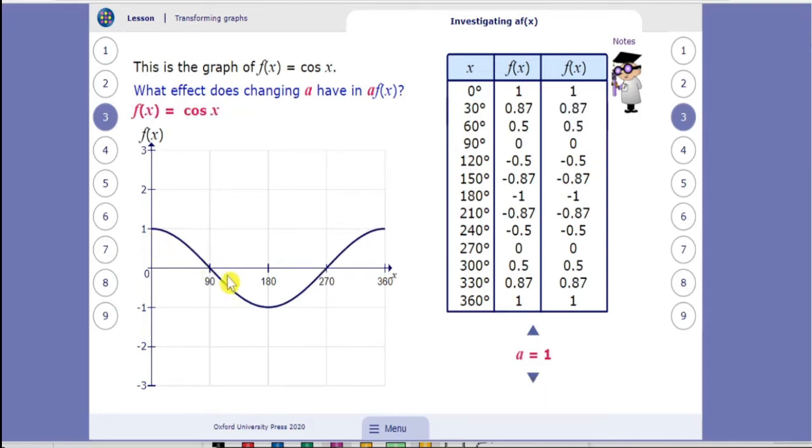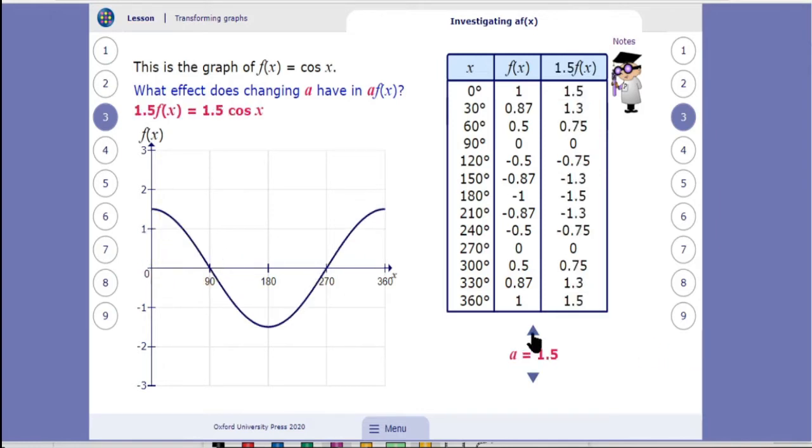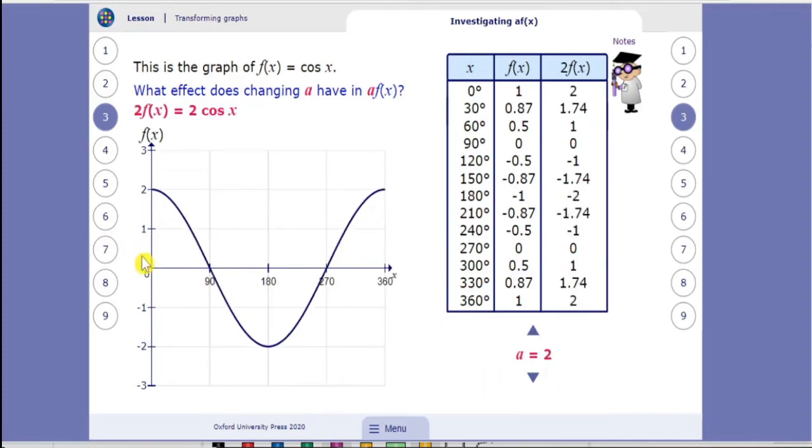This is the original graph, and you see that at x equals 0, the y value is 1. And if I multiply that by 2, the new value of y is 2. It means what you're doing is multiplying the original output by 2.